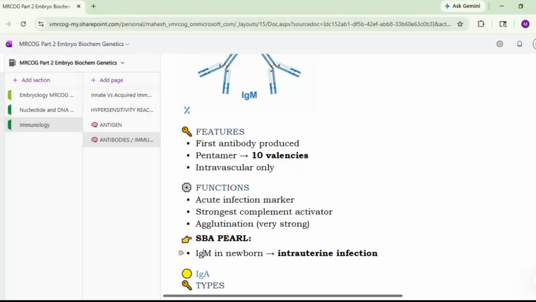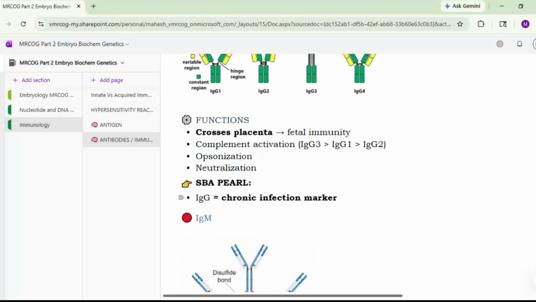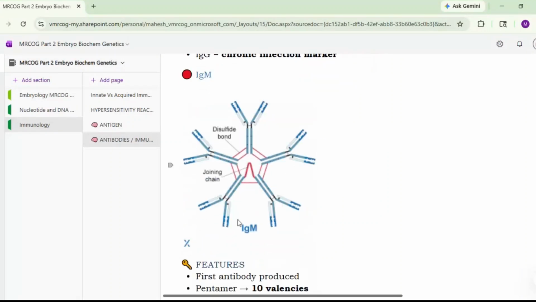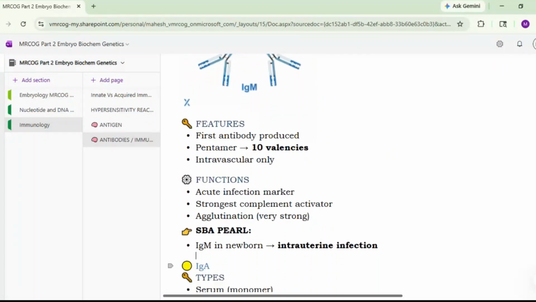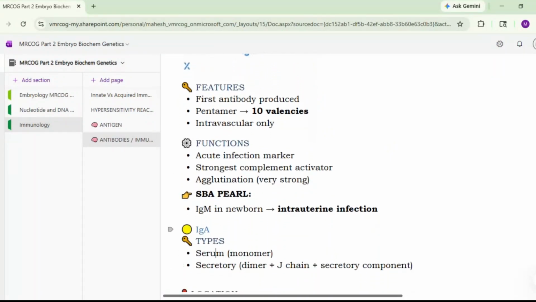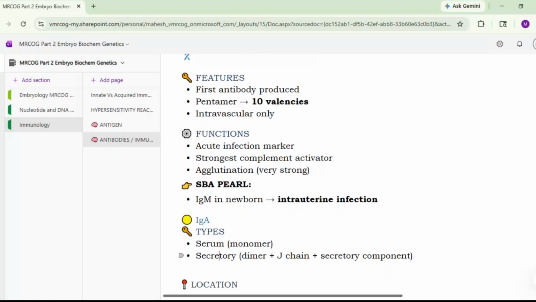IgM in the newborn is suggestive of intrauterine infection, because crossing the placenta is a function of IgG. So if you find IgG in the newborn, that may or may not indicate fetal infection. But IgM, which is a primary response, in the fetus is suggestive of intrauterine infection.